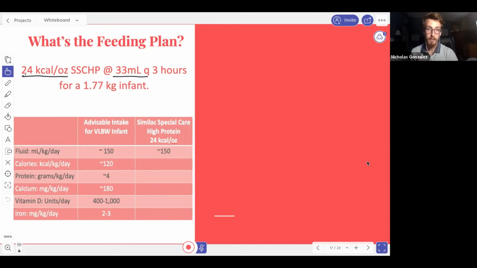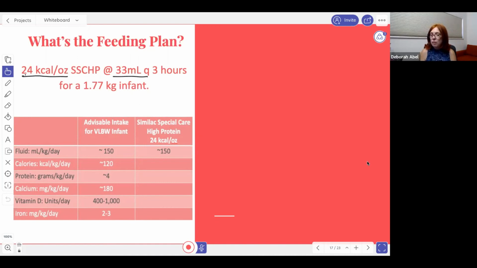Do you want to talk about why we didn't just do the concentration, Dr. Abel or Deneen? Sure. The volume is what we always choose first. We always try to increase the volume first. And if they're fluid restricted or there's a reason, we would go with the concentration.